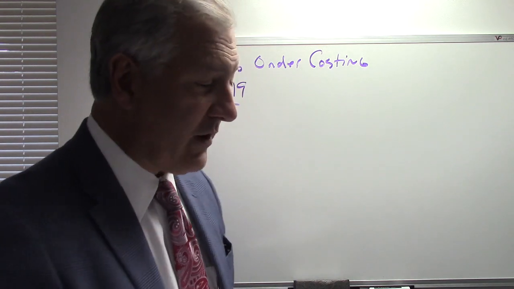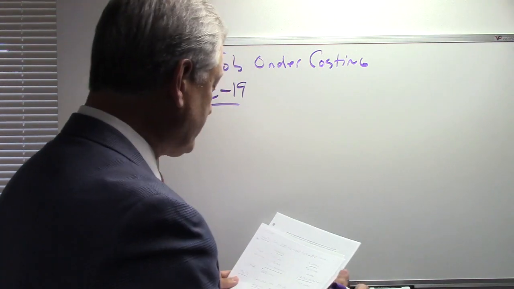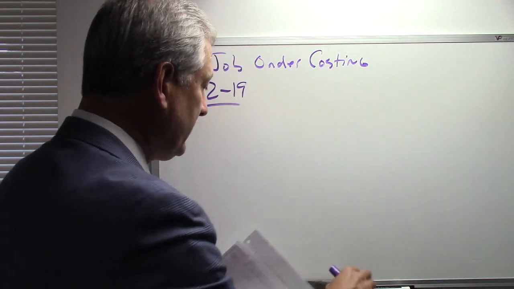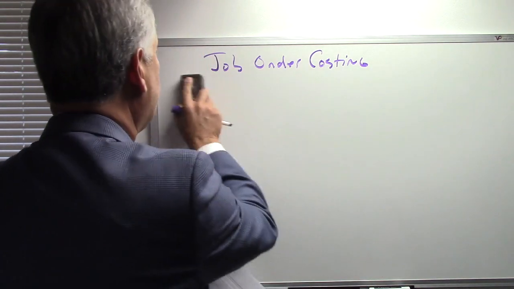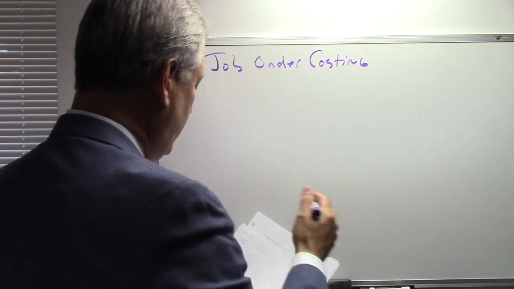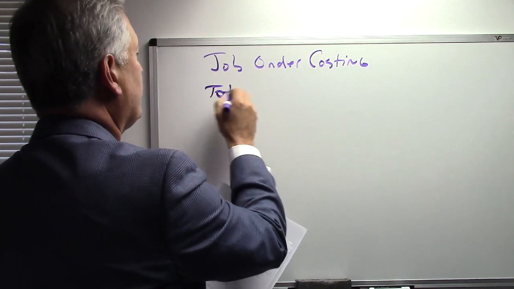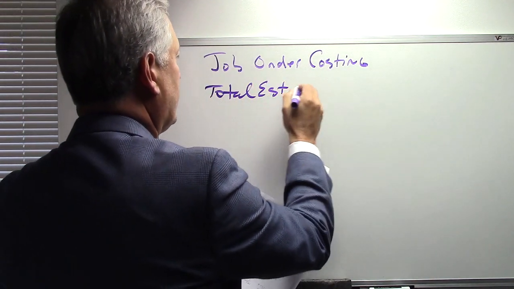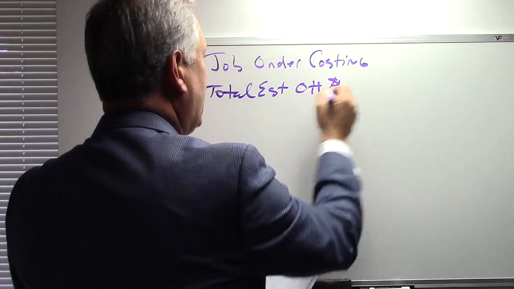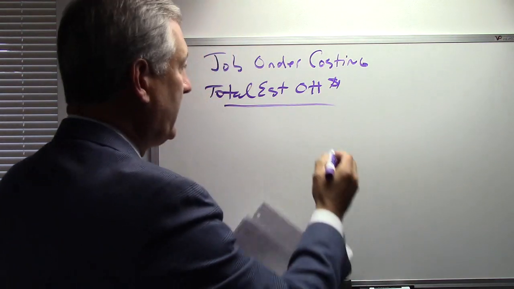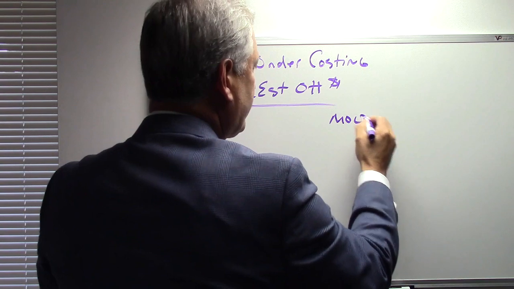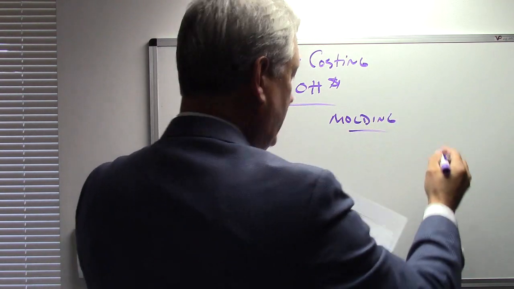So let's first walk through step number 1, which is to calculate the total estimated overhead. Overhead dollars, right? So we're going to have molding, and we're going to have painting.